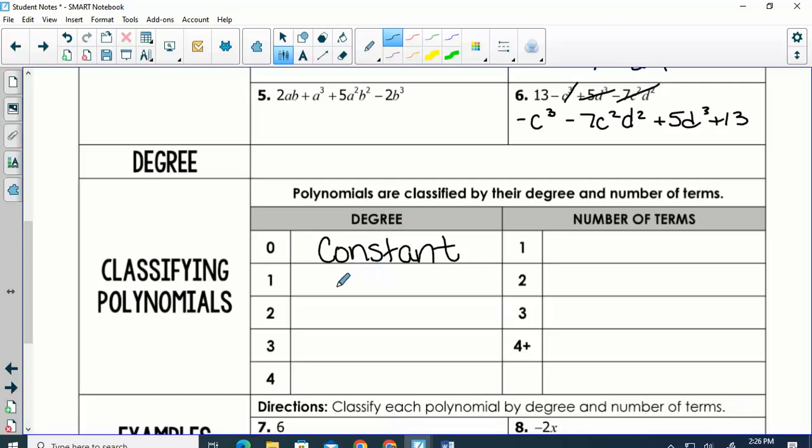If our degree is 1, so there's one variable, 2x, x minus 3, x plus 4, those are linear. We've seen that before. y equals mx plus b. You have an x to the first, it's a linear. It's a line when we graph it. When something has an x squared, anyone know what we call that? Let's keep it cute. X squareds are called quadratics.